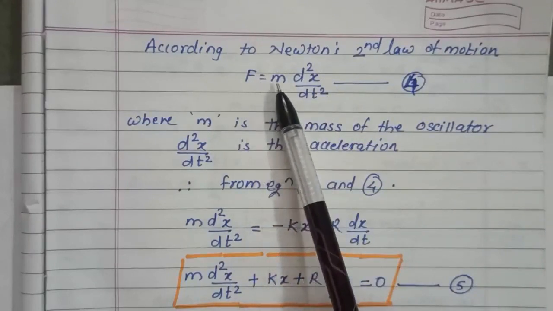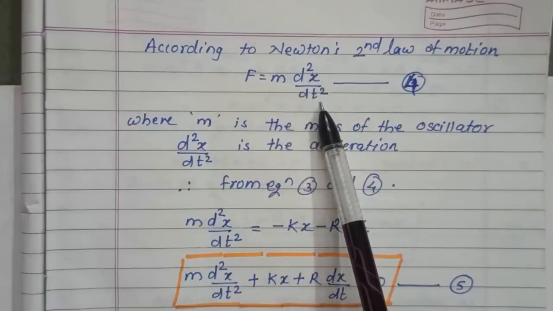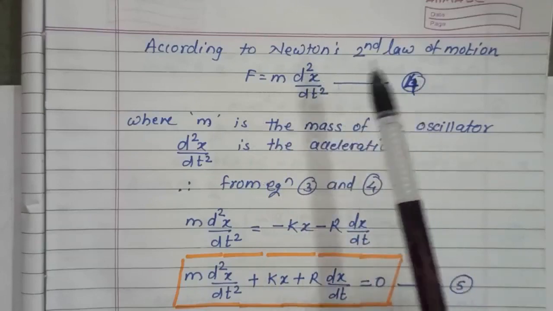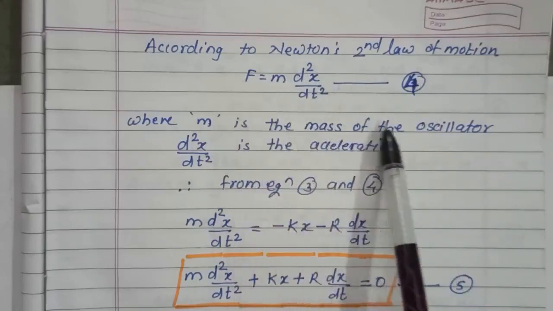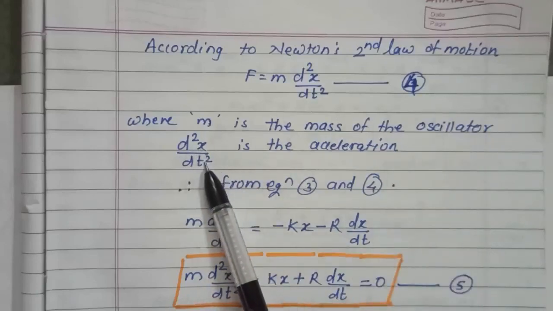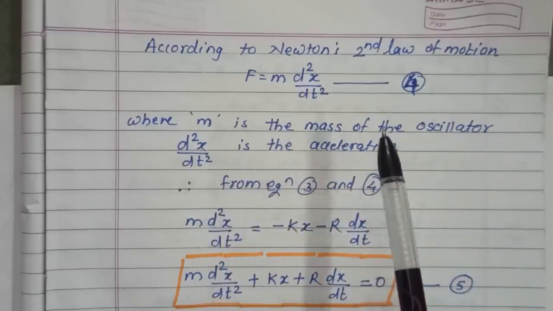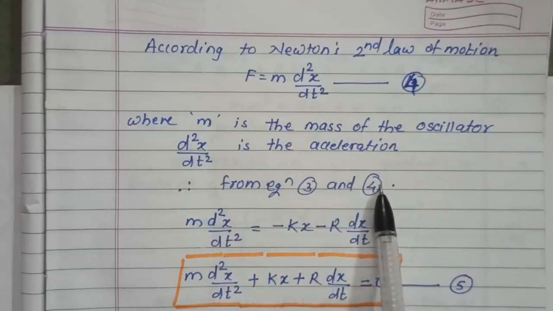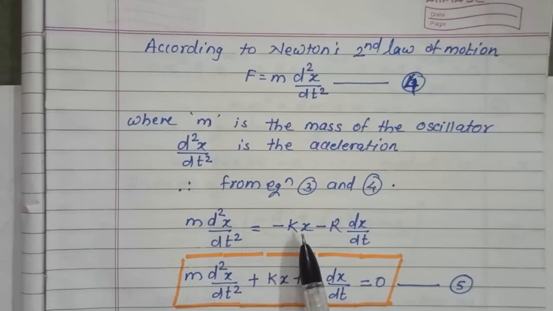That is, F is equal to m into d2x by dt square, equation number 4, where small m is the mass of the oscillator and d2x by dt square is the acceleration. From equations 3 and 4, we have m d2x by dt square is equal to minus kx minus R dx by dt. Rearranging the terms, we get m d2x by dt square plus R dx by dt plus kx is equal to 0, equation number 5.